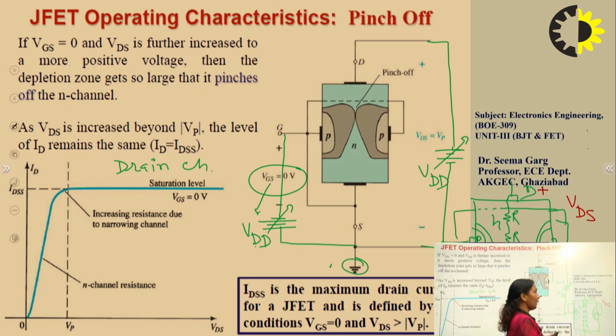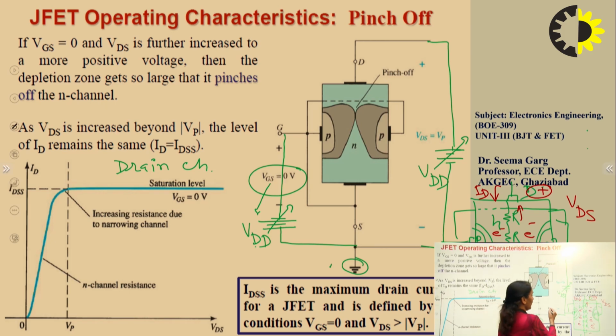is reverse bias, and because of this positive potential, in N-type material electrons are the majority charge carriers. Some minority charge carriers are also present in the circuit. This positive terminal attracts the electrons towards the junction. So electrons will be moving from source to drain terminal, and current will be flowing in the circuit.